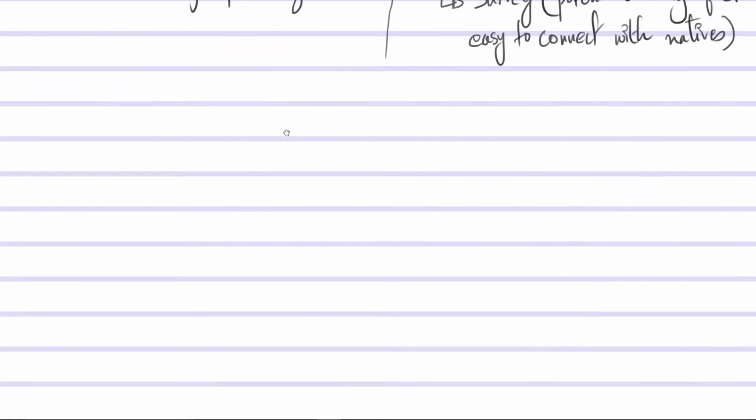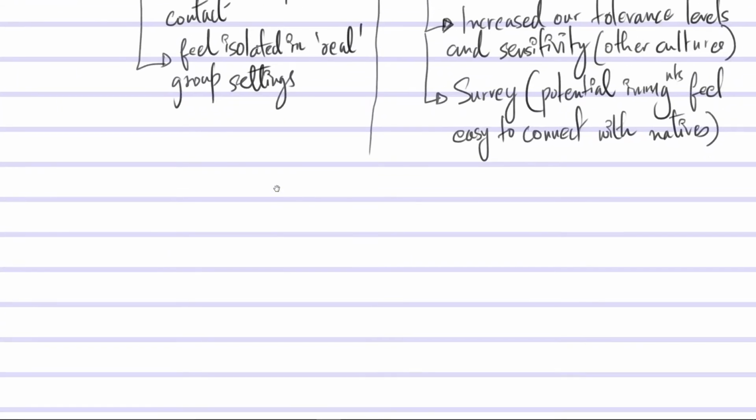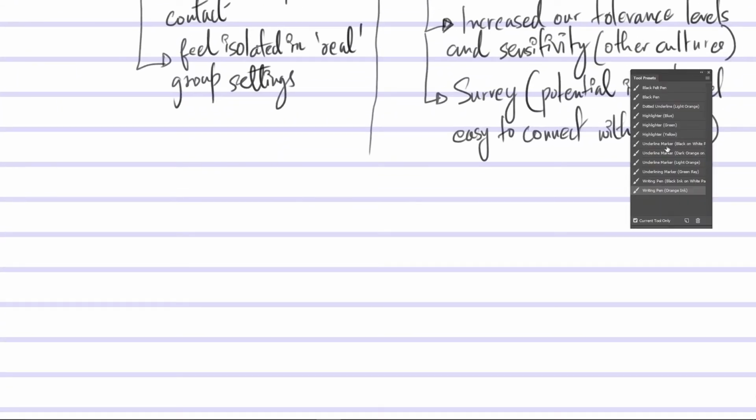And let's talk about the conclusion. So how can we conclude? Now, the conclusion here is not going to be a two-sided conclusion or a neutral conclusion. It's more or less going to be a one-sided conclusion.